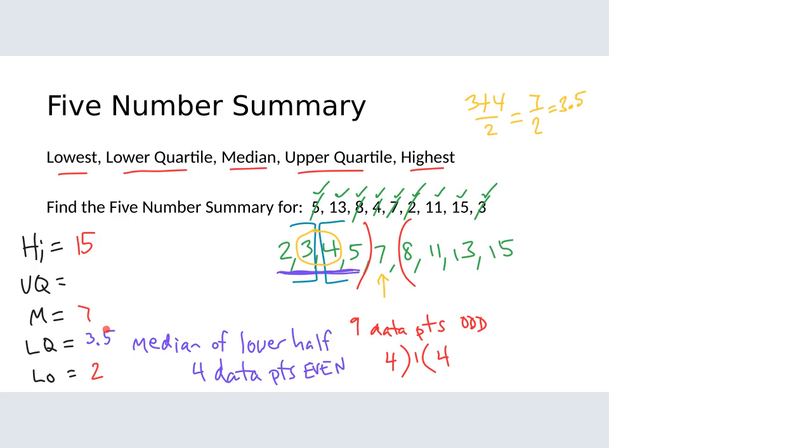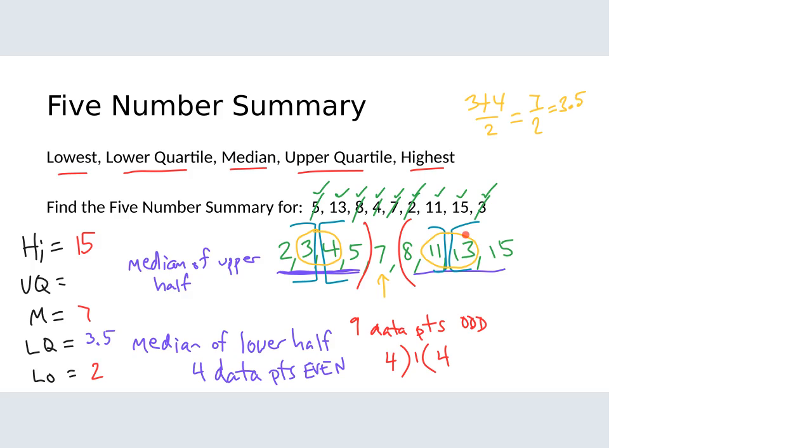We're about to find the upper quartile, and we're going to use that exact same process over there, because the upper quartile is going to be the median of the upper half. And here again, we have 4 data points, so there won't be one right in the middle. But we can section that off and then find the 2 data points that are closest to the middle, 11 and 13.